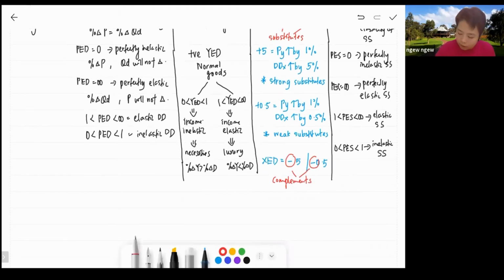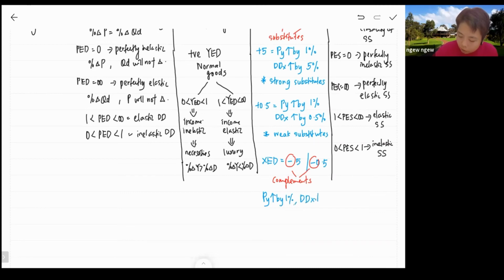When XED is negative 5, meaning that when price of Y increases by 1%, demand for X will drop by 5%. So they are considered strong complements, like petrol and cars. So when XED equals -5.